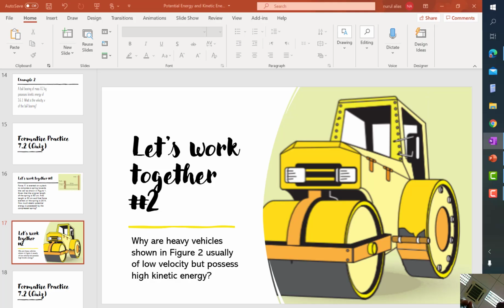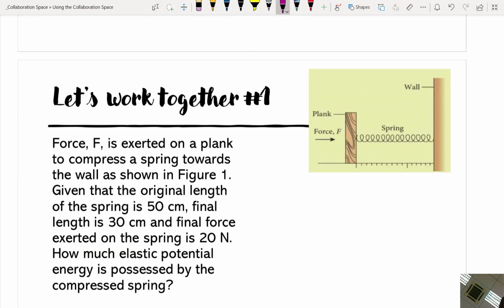Okay, let's work this together. Force exerted on a plank to compress a spring, given the original length, final length, and final force. So here is another example. Remember, first you must write the formula.